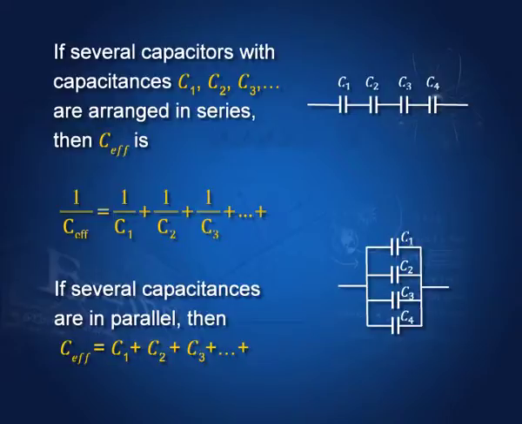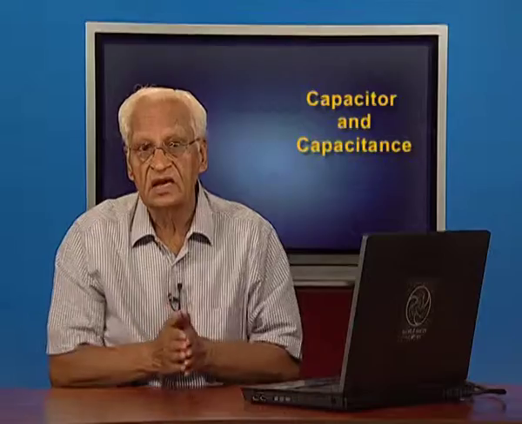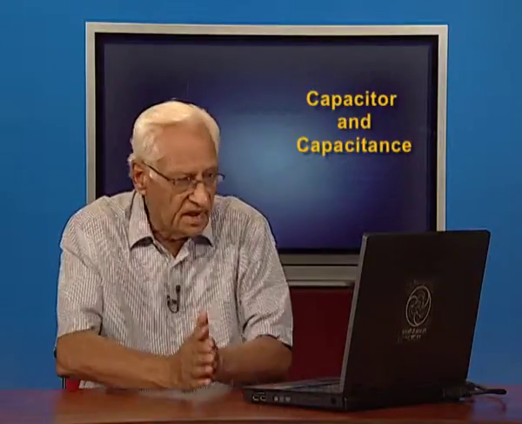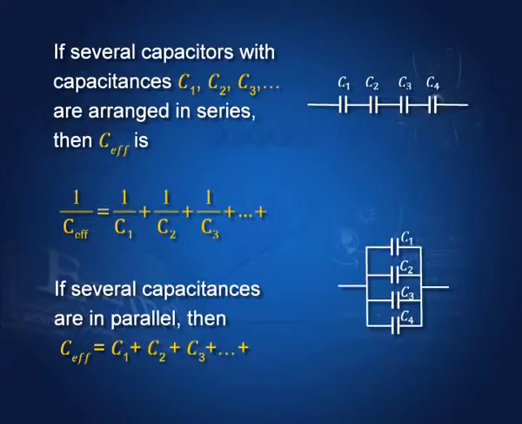That means in parallel arrangement the capacities get added up. If they are in series arrangement, then the capacity gets reduced. We add up 1 by C1 plus 1 by C2 plus 1 by C3 and then take the reciprocal, which gives the effective capacity.